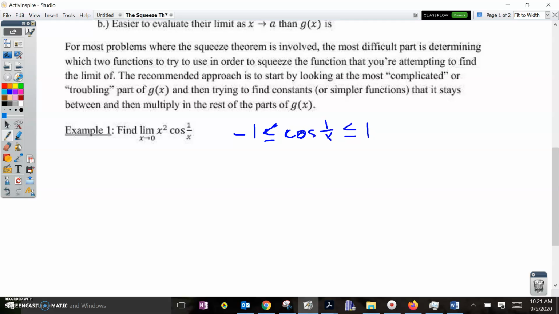And since it's in between -1 and 1, if I take this whole inequality and multiply all the parts by x squared, I end up with this relationship right here.